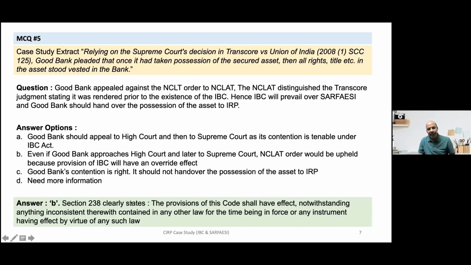We have referred to multiple cases before where section 238 makes it very clear that IBC will, in most cases, prevail. So basis that, I think answer B is absolutely right. Even if Good Bank approaches High Court or Supreme Court, whenever there is a conflict between two acts, IBC will prevail.